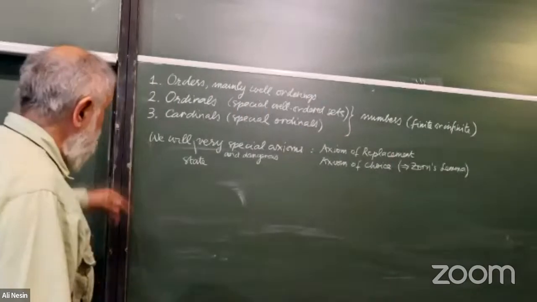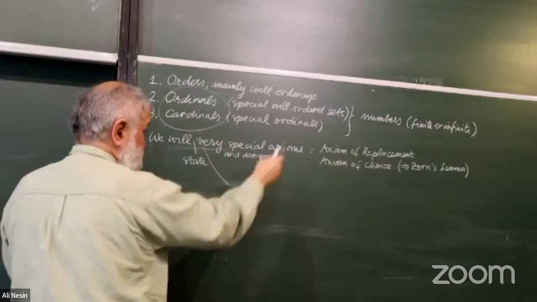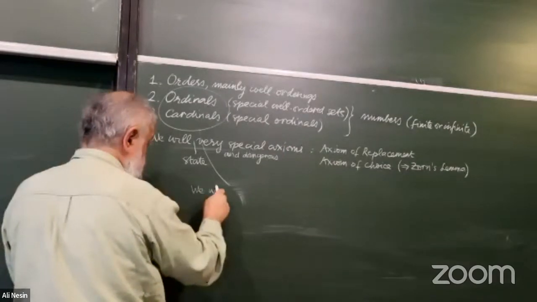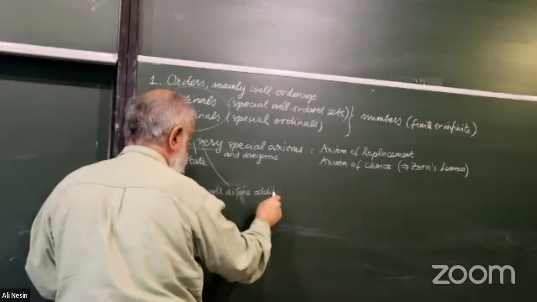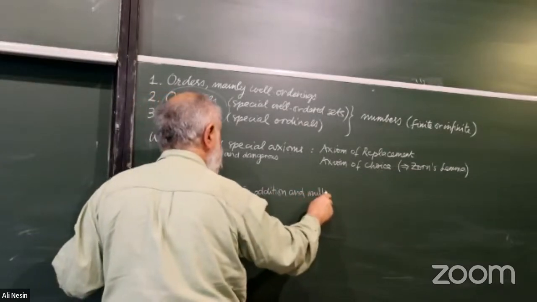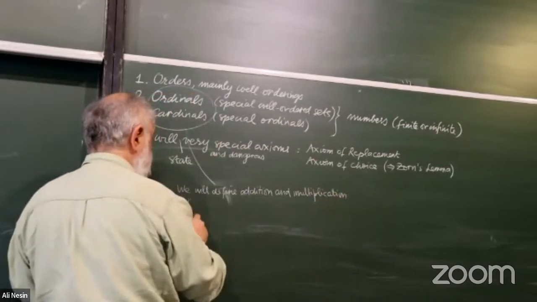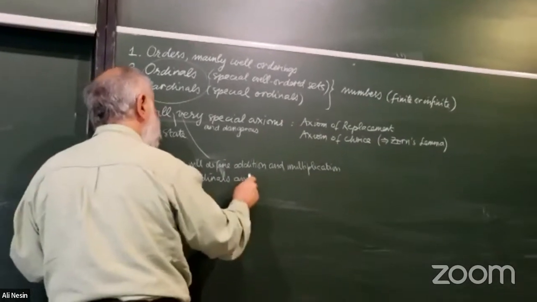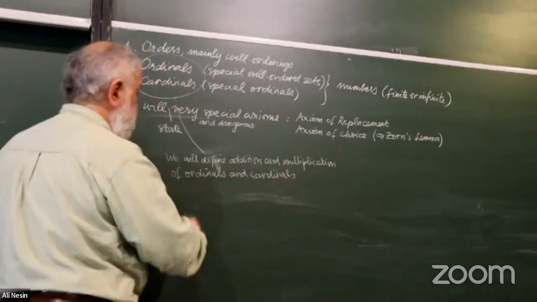Okay. And we will do some arithmetic with ordinals, so with infinite numbers. We will define addition and multiplication of ordinals. And cardinals. It's called ordinal arithmetic.